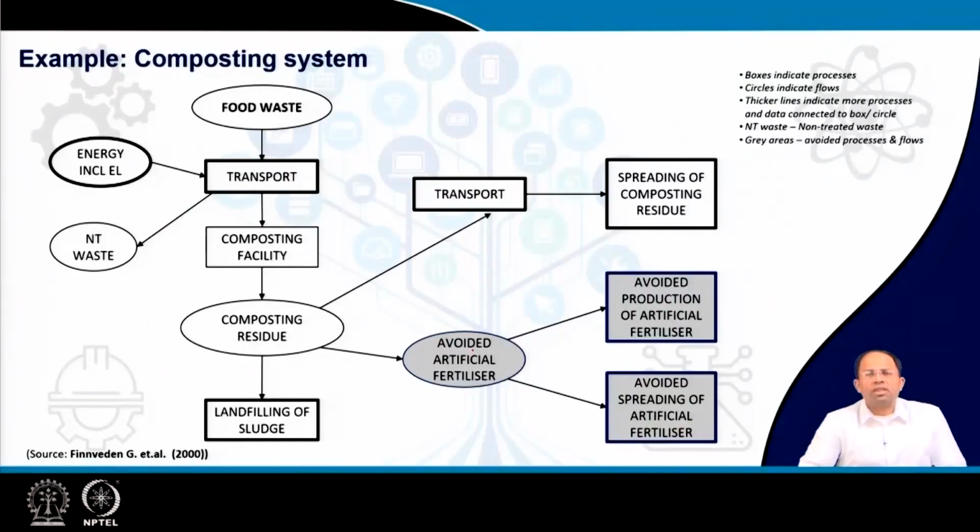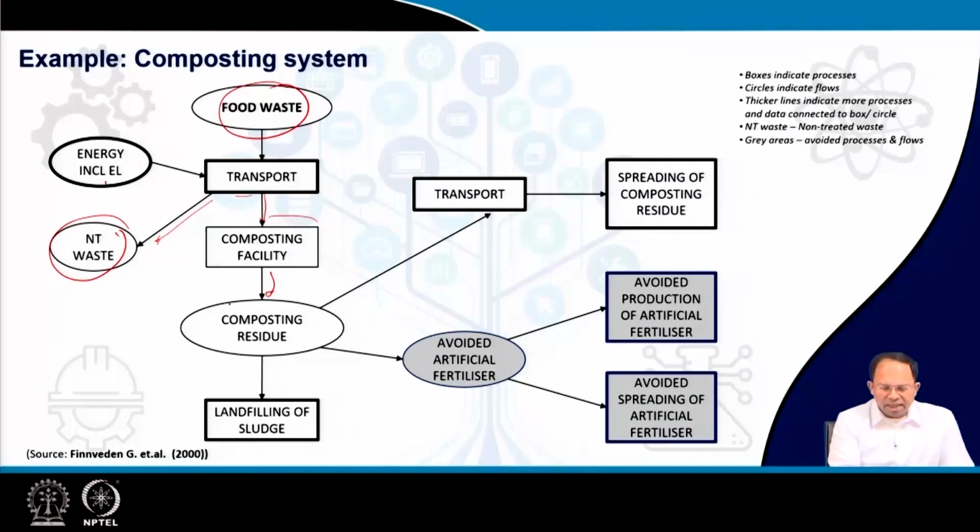Finally, coming to the composting system, composting leads to fertilizer production. Once this food waste is generated, it is transported, and that requires energy, and some amount of non-treated waste is also there in food waste that goes into the landfill site. The rest goes into the composting facility.